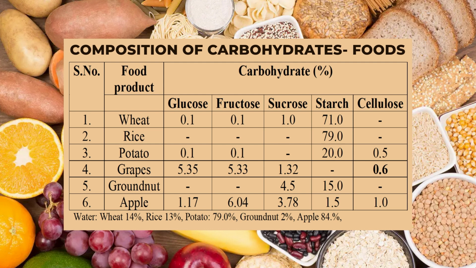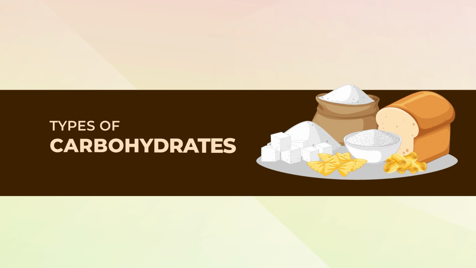You can see that on one side we have the simple example of carbohydrate, sugar, and then we have starch, cellulose, and fructose, and among these fructose is the sweetest of the carbohydrates. Now, see what types of carbohydrates there are. There are monosaccharides, disaccharides, oligosaccharides and polysaccharides.